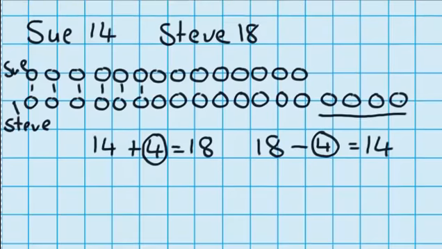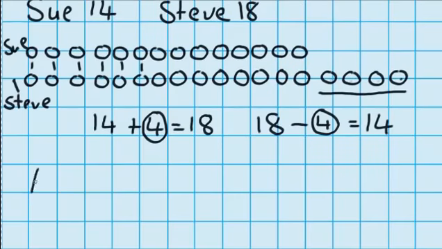Let's try another question. This time Amy has 13 counters and Zane has 19 counters. I want to work out how many more counters Zane has. Well, you've seen from the 2 questions we've done so far that you could solve that as either an addition question or a subtraction question.